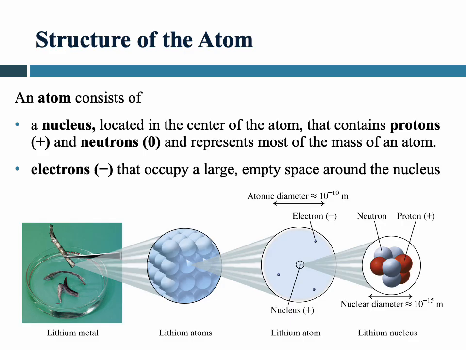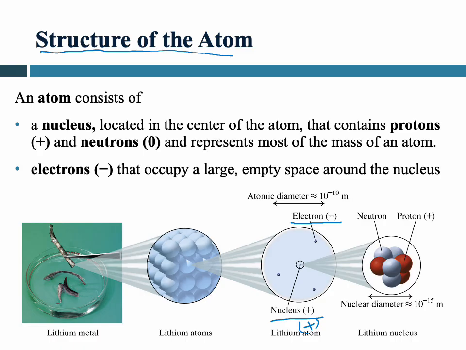Based on all the theories, and there were some more models provided later on by Bohr as well, we now have a final structure of the atom, which tells us that an atom consists of a nucleus. The very center is a nucleus which is positively charged. Around it we have a lot of empty space where we have electrons, and these electrons are negatively charged.